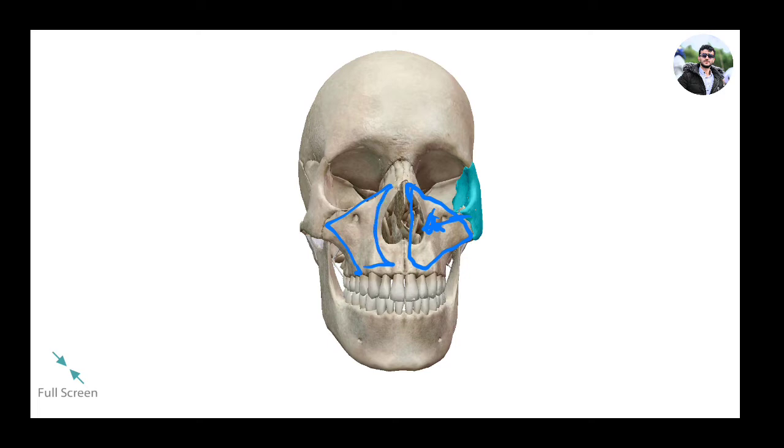They are connected with each other by a suture called the intermaxillary suture, which connects them to each other to form the upper jaw of the skull. And in the upper jaw of the skull there are sockets in which the teeth are embedded.